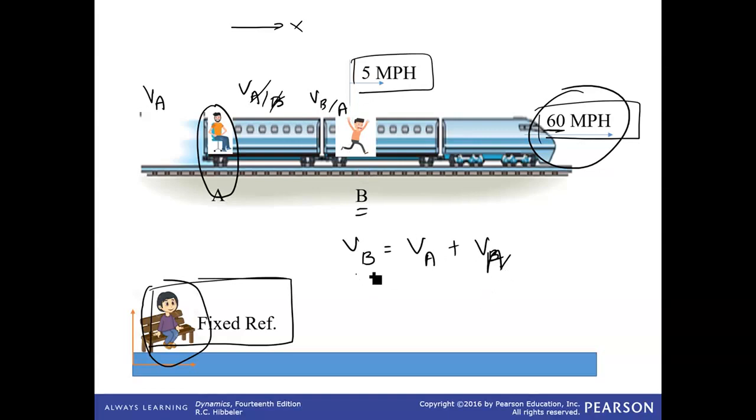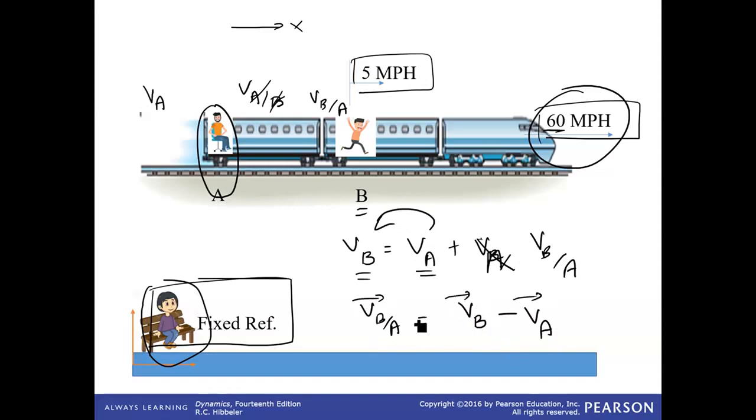So the absolute velocity of B is equal to velocity of A plus velocity of B relative to A. If you rearrange this equation, it can be written as VB/A is equal to VB minus VA. Just moving this to the other side will change the sign to negative. And that's the equation for the relative velocity calculation.